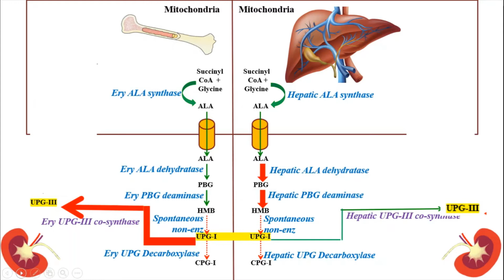So, when erythropoietic UPG3 co-synthase is defective, the disease is called congenital erythropoietic porphyria.